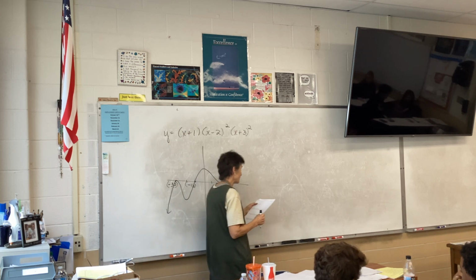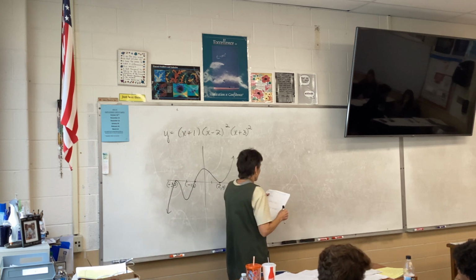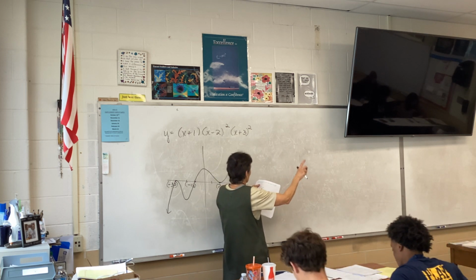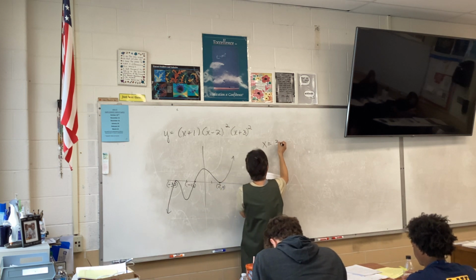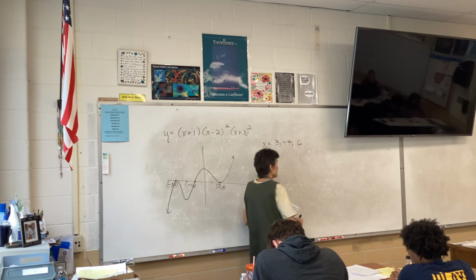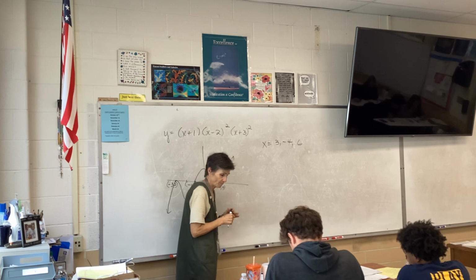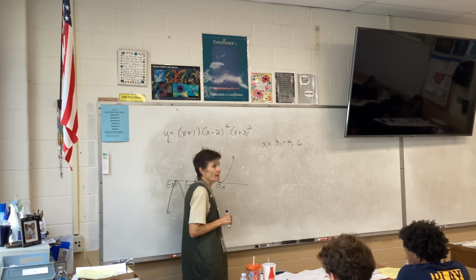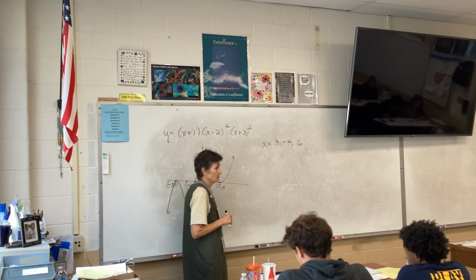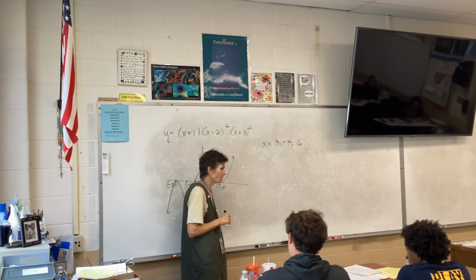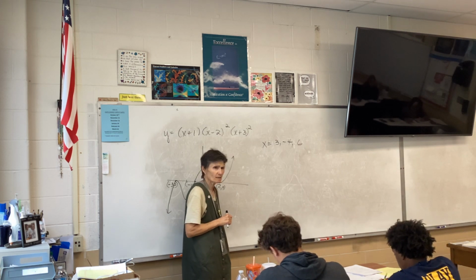All right, number 7, come on, we gotta get one more done. Find a cubic function whose zeros are 3, -4, and 6. Find a cubic function. Well, that's not hard, right?